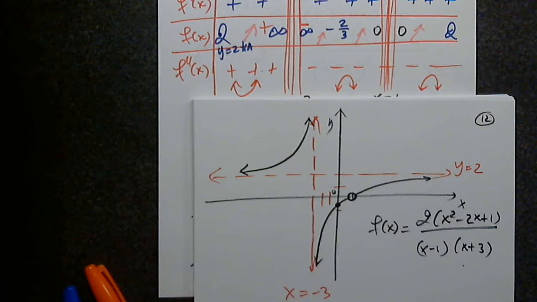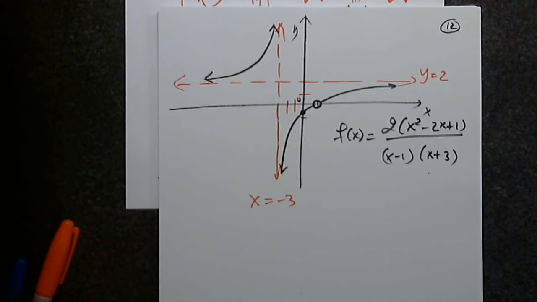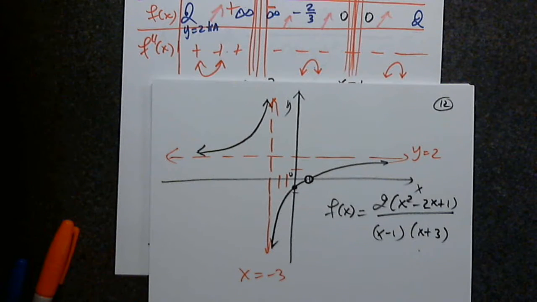So what did we see in this function that we haven't seen before? We saw a hole and the vertical asymptote and horizontal asymptote. So every time you want to determine these two, remember it's a hole, it's a removable discontinuity. These two limits left and right have to be the same. That's why it's the same number on either side.